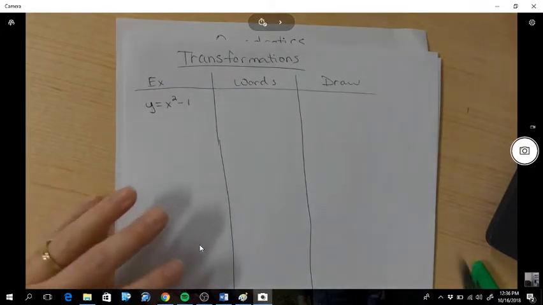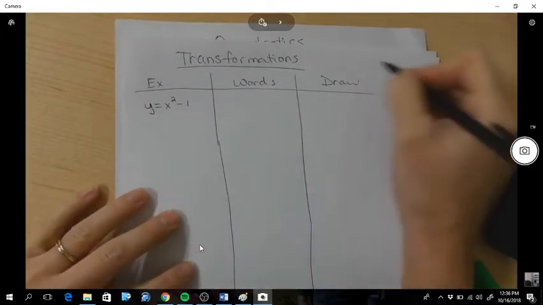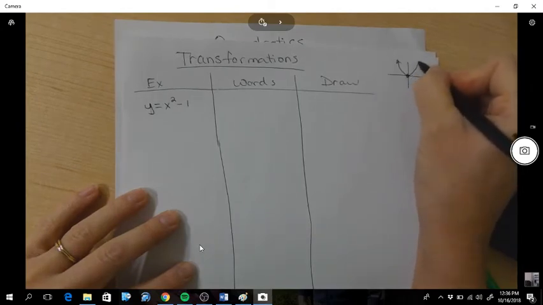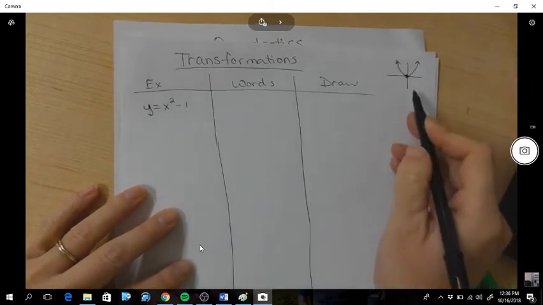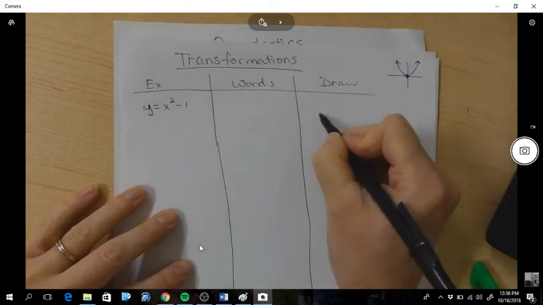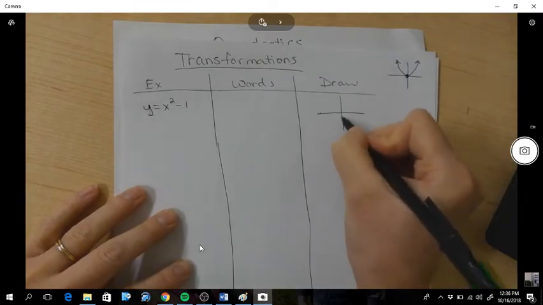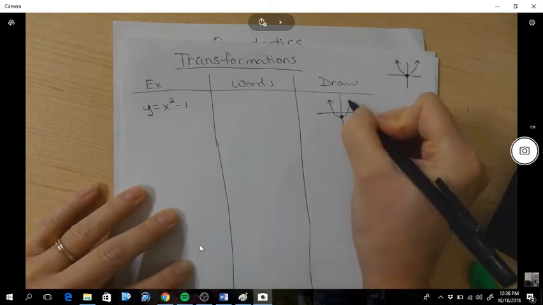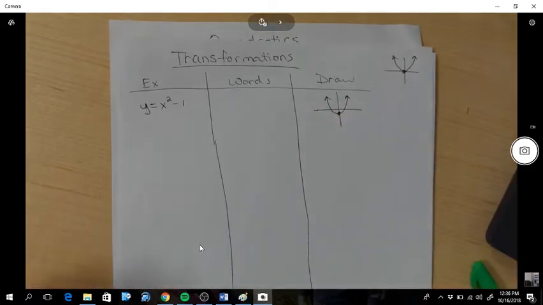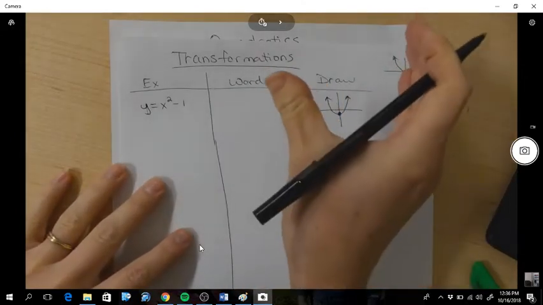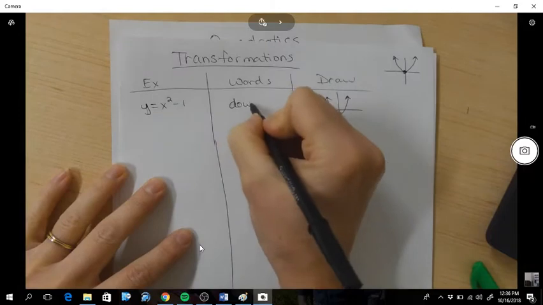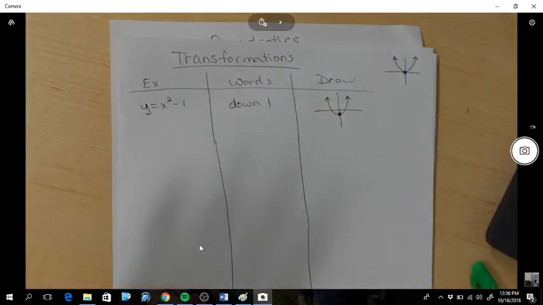Okay, so if I think about my original parabola, I'm just going to draw it over here. Okay, that's my original. So now, this is what's going to happen to my new one. It's going to go like that. So what happened to the U? It went down one like that. It just picked off the page and the whole thing went down.